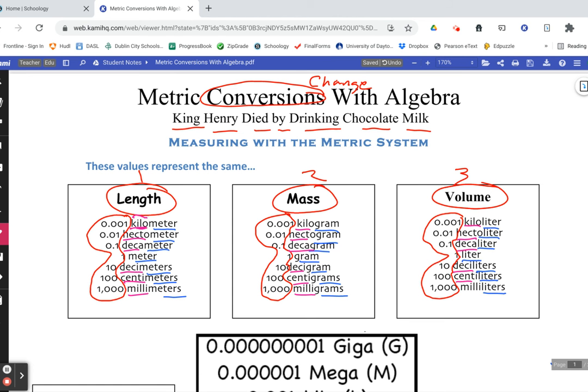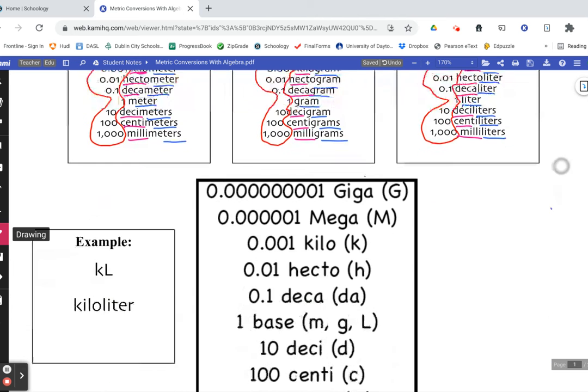That is not a coincidence. That's actually a thing. If you notice, the red are the same in every box and the purple are the same in every box. It's when we get to the blue that things may change a little bit, and we'll talk about that as we get going.